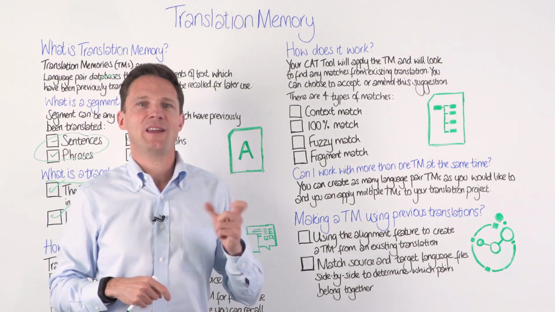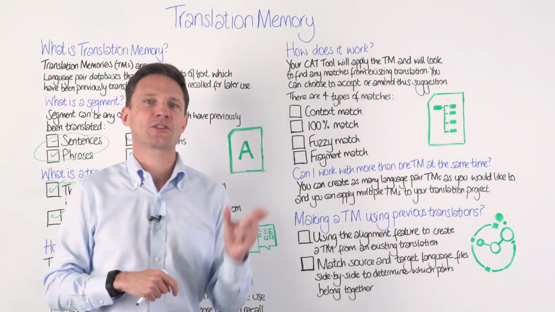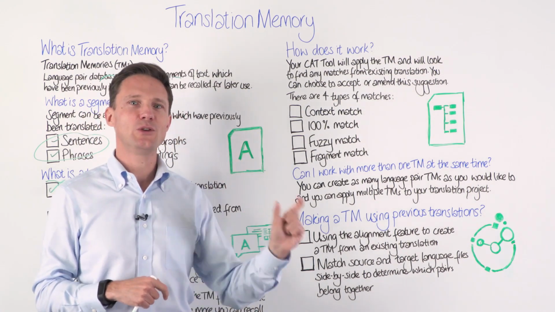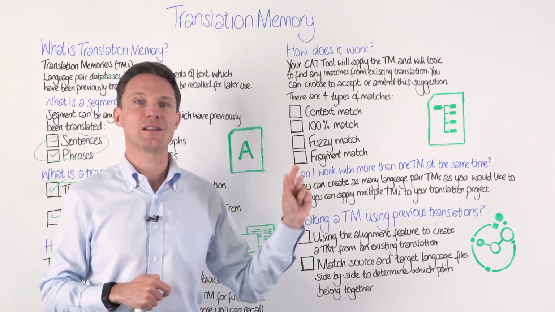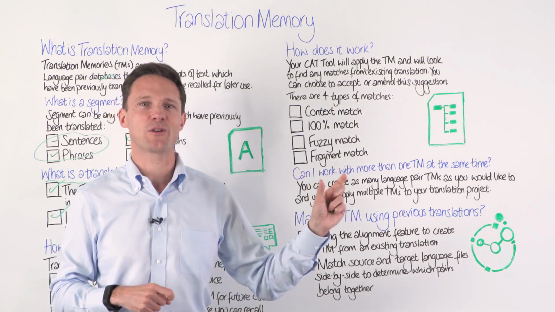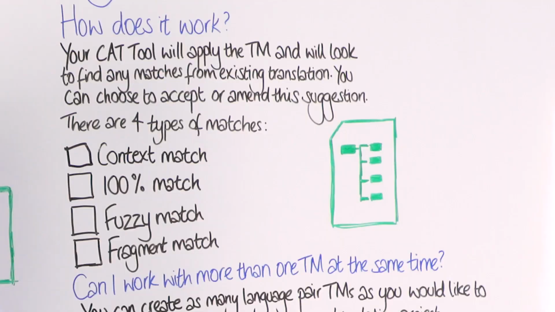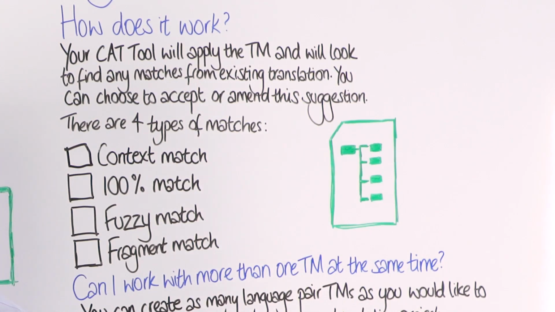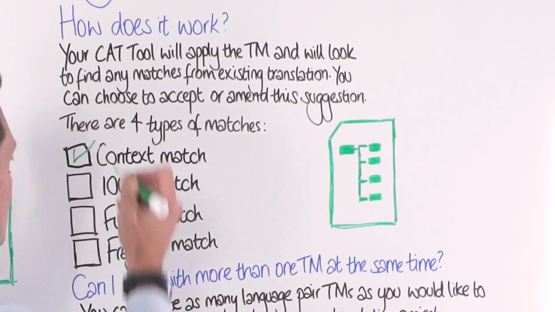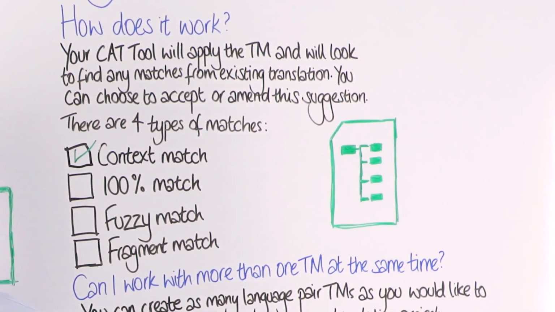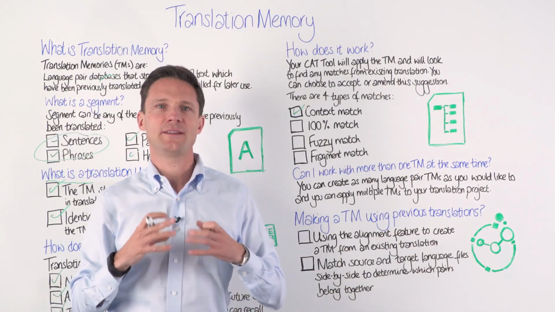So I just used the word match. And this is kind of the essence of a translation memory. What it's trying to do is match the new sentence you have to translate with the sentences you translated before. And different things can happen. So there are 4 types of matches. Let's look at them. The first one is context match. This is the highest quality match.